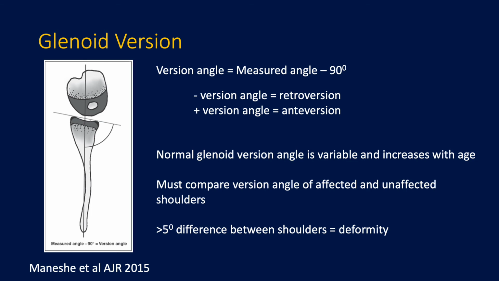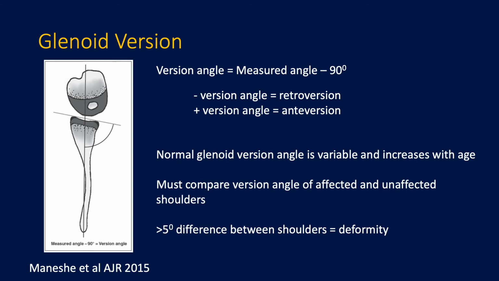We are also able to measure the version of the glenoid, or its tilt. The version angle is determined by measuring the angle between a line drawn down the axis of the scapula from the midpoint of the glenoid to the medial tip of the scapula, and a line drawn parallel to the surface of the glenoid.